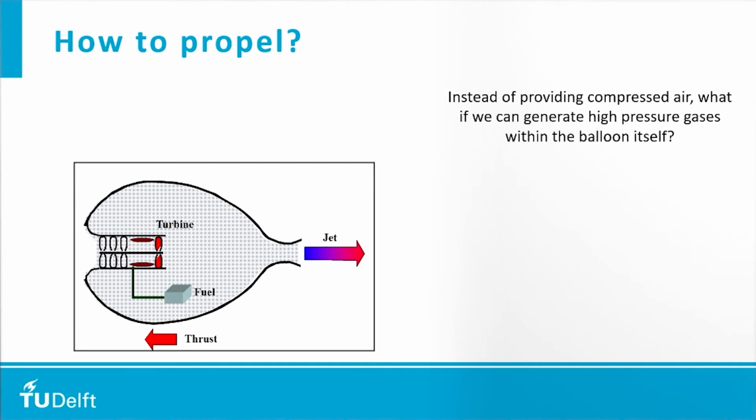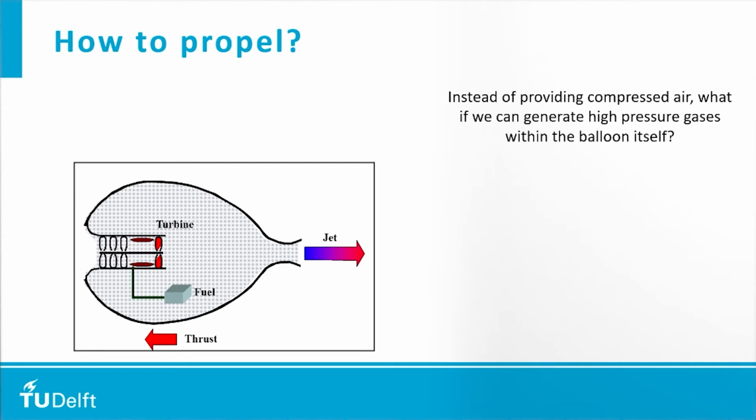This turbine is actually driving the compressor. There is still energy left in the fluid. That energetic fluid comes out of the nozzle, and that will propel the balloon. Will this work? Yes. This is how a gas turbine actually operates.